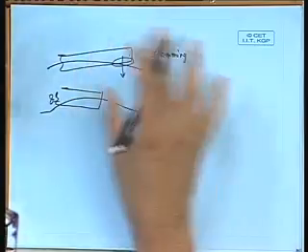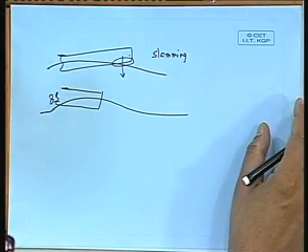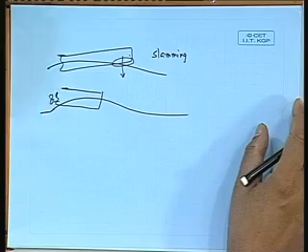All these are a consequence of the ship's behavior in waves, and all of them can be defined by means of the rigid body motion of the ship. That means it is basically heave, pitch, roll.